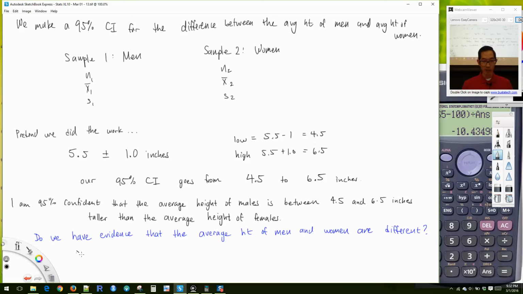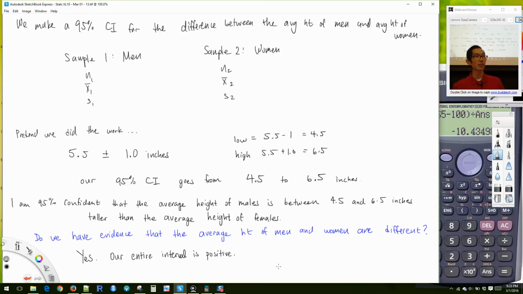And why do we say yes? Because our entire interval is positive, right? Our entire interval is positive. Basically meaning 0 is not a plausible value. 0 is not inside our interval.